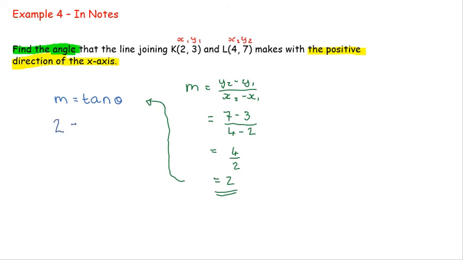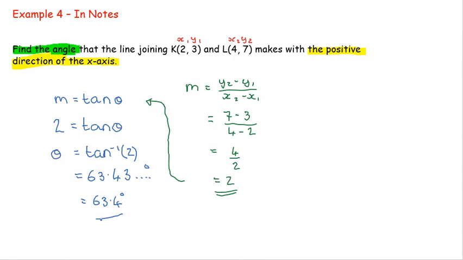So 2 is equal to tan of theta. Therefore theta is the inverse tan of 2. And again, just in your calculator you can work this out, and that gives you 63.43 degrees. I'll call that 63.4 degrees. Nicely rounded.